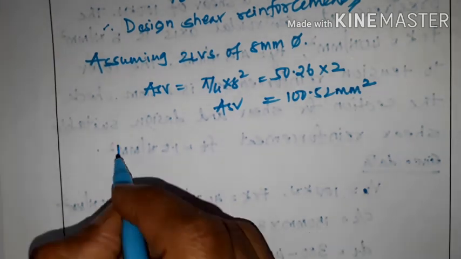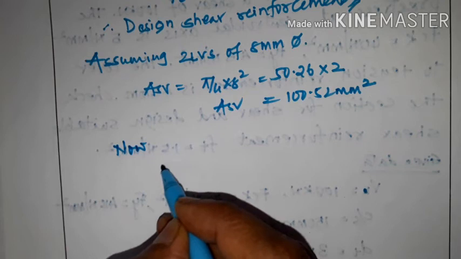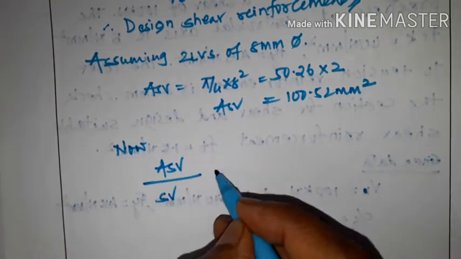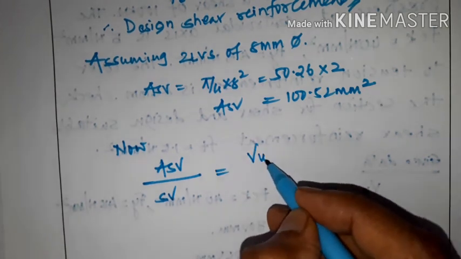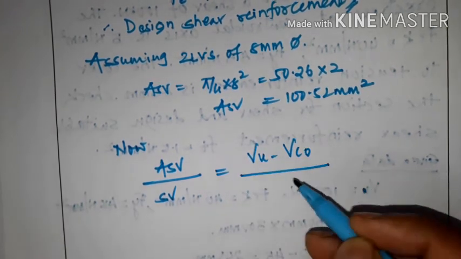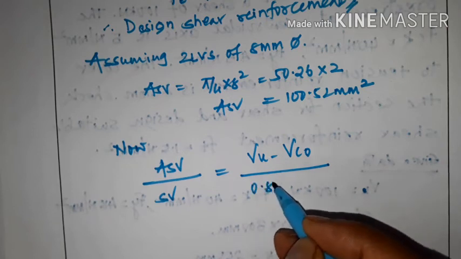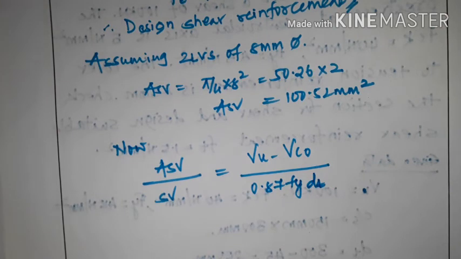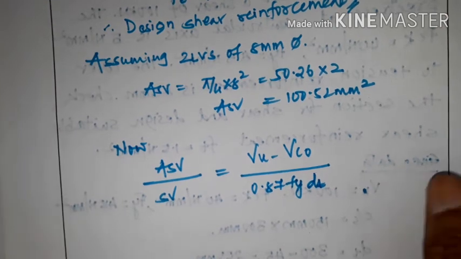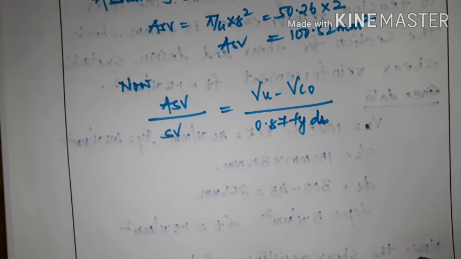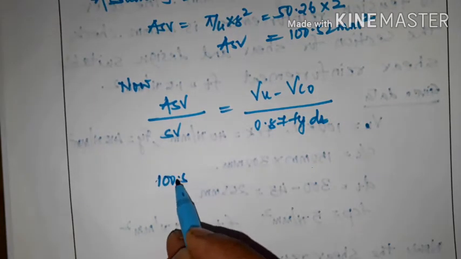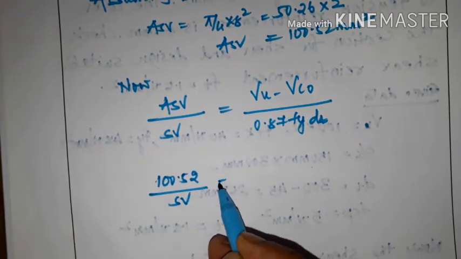So now by using ASV divided by SV is equal to VU minus VCO divided by 0.87 Fy dt. By using this equation we have to find out the spacing SV. So ASV is 100.52 divided by SV.